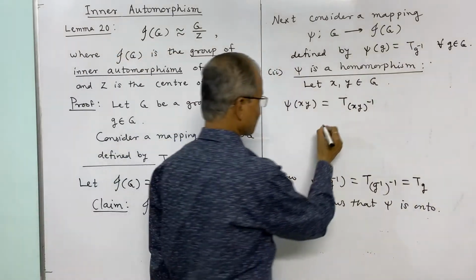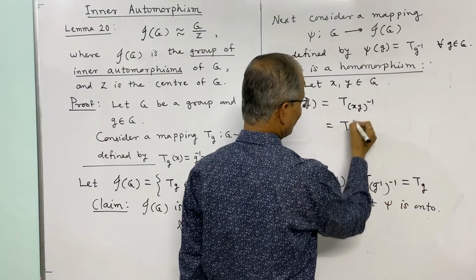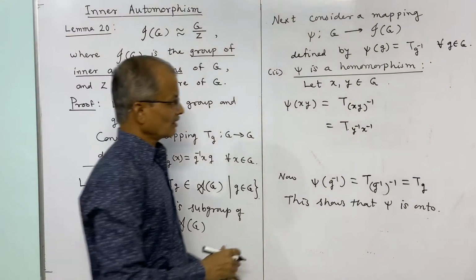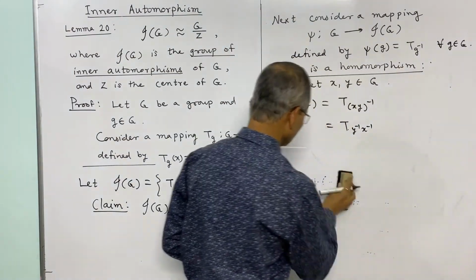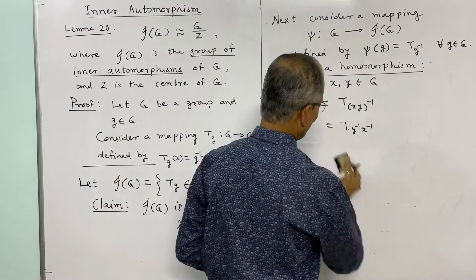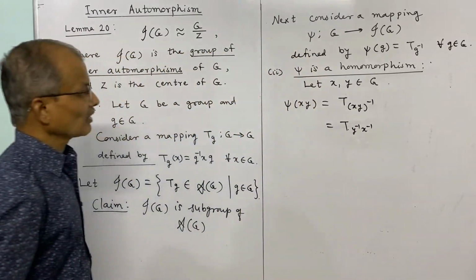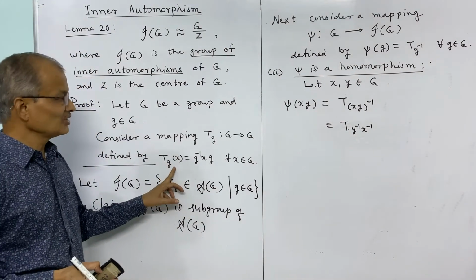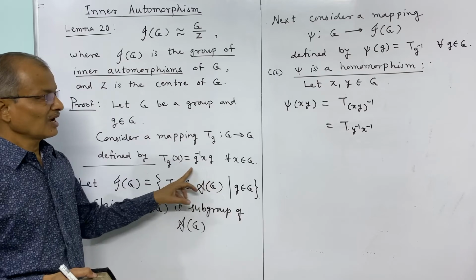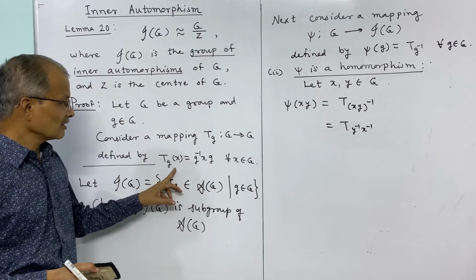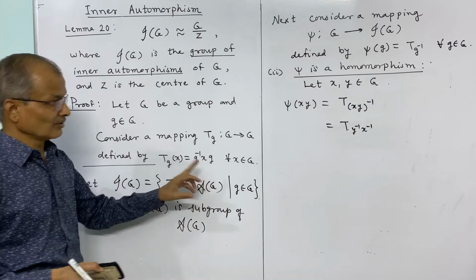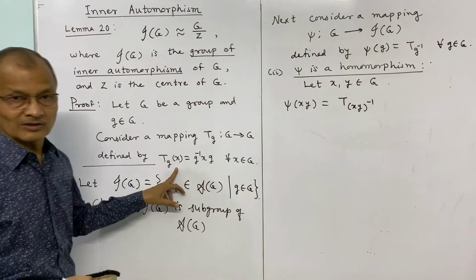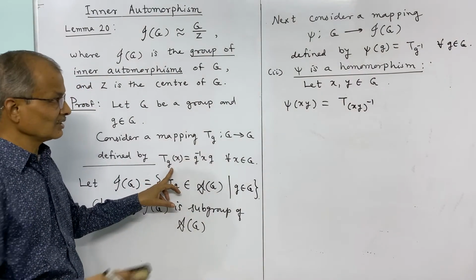And that is equal to, by the reversal law, T of y inverse x inverse. But we have to use the property of Tg also. What is Tg? Tg is g inverse x g, and therefore this will be g inverse xy g. First we will use that property: T of the inverse of xy, using this, in place of g there is xy.